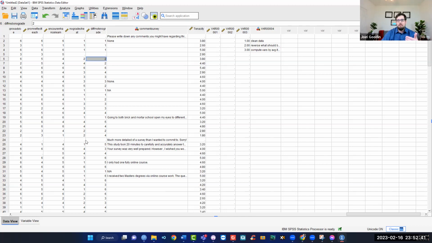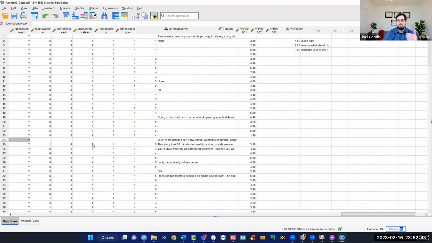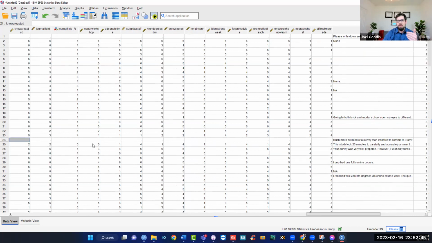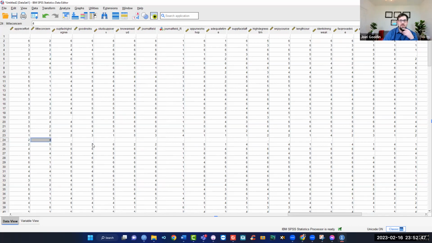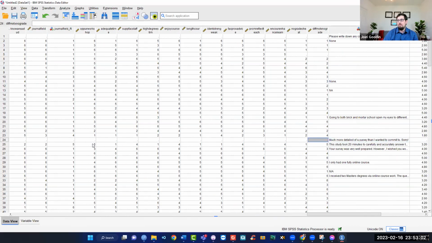I don't see a problem, apart from this person that skipped 15. I think I counted 15 items. And it doesn't mean you throw out the data. You probably just keep whatever data they did give you and make sure it looks good. Just understand that you're going to have one less person on these items and the variables they represent.